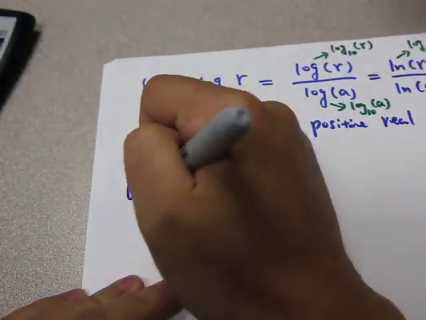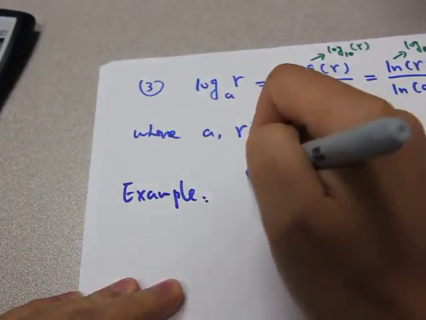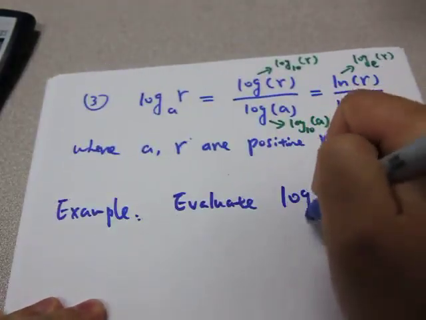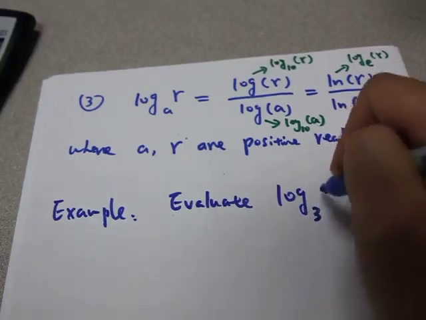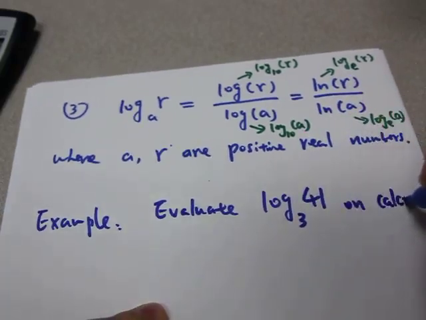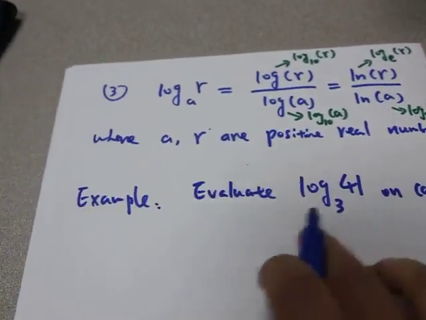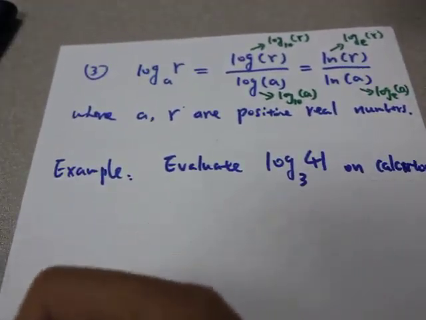So for example, we are given this logarithm log 3 of 41, and we're going to use a calculator to find what log 3 of 41 equals.